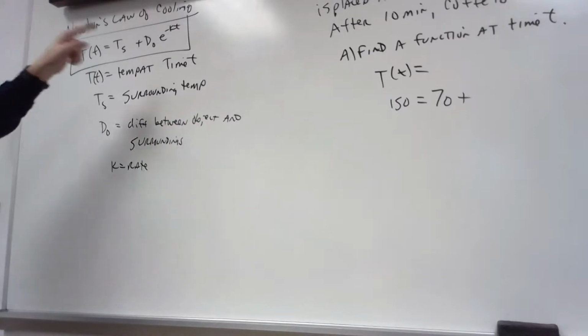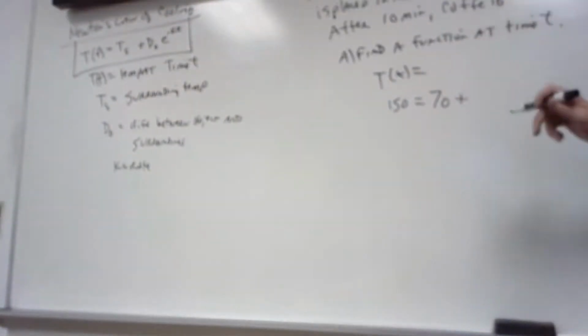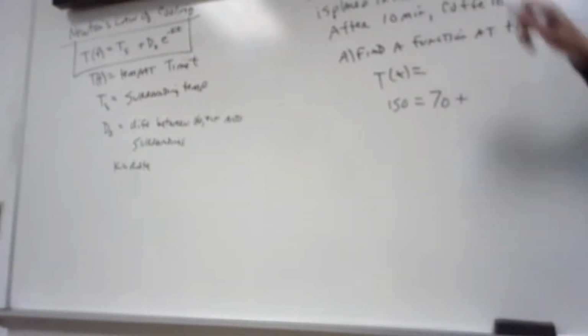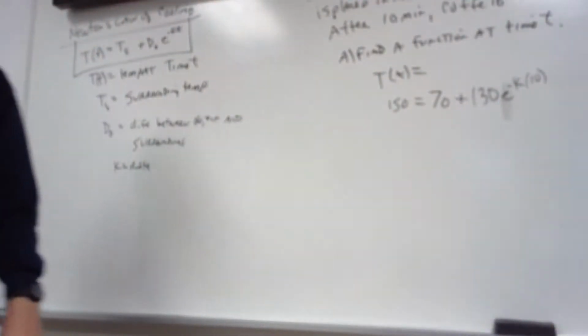So the coffee is 200, and it's placed at 70 degrees, so this becomes 130. Times e to the negative k, or r, you could use rate, times your time, which is 10 minutes. Okay? All right, so how would we solve that for k?